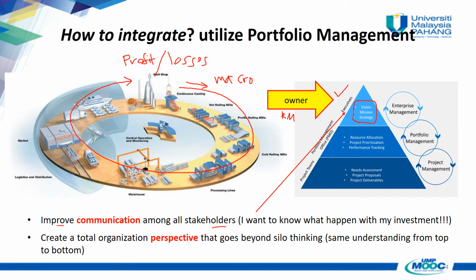They want their vision and mission to become shared. They want to know that at the floor level, the ground level, there is the same understanding of what they want, the same understanding from top to bottom, because they want to make sure that their investment is worthwhile.